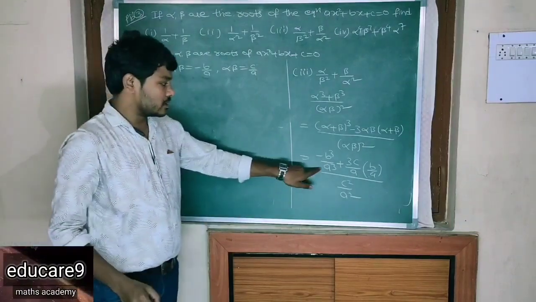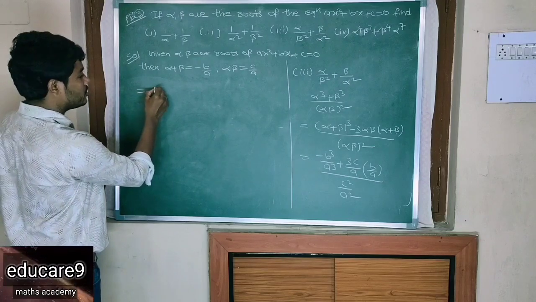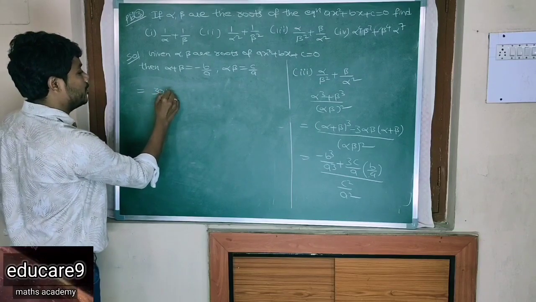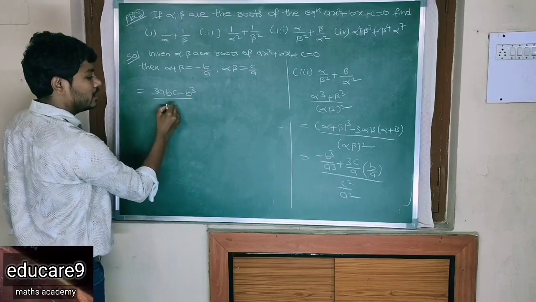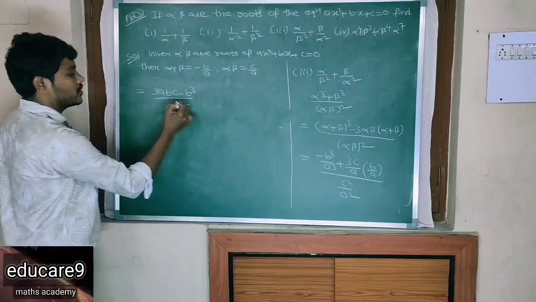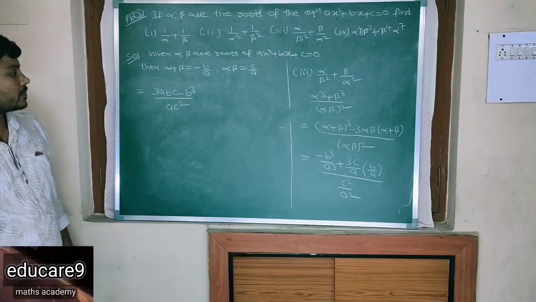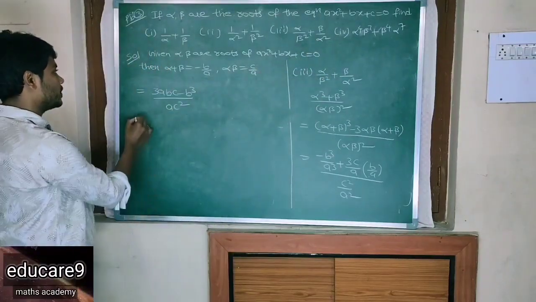Now simplify this. You will get 3abc minus b cube by ac square.